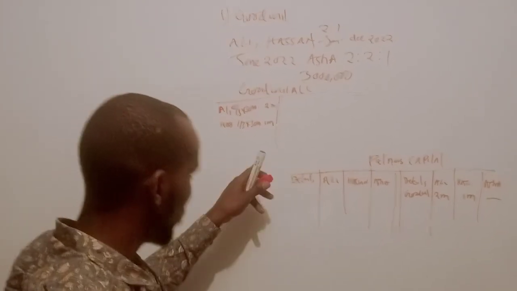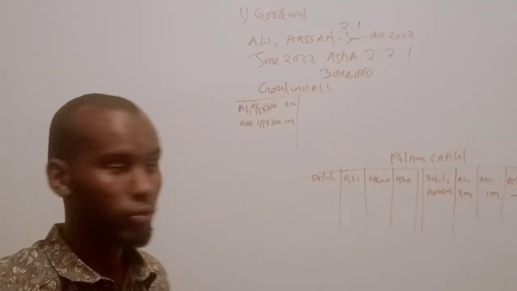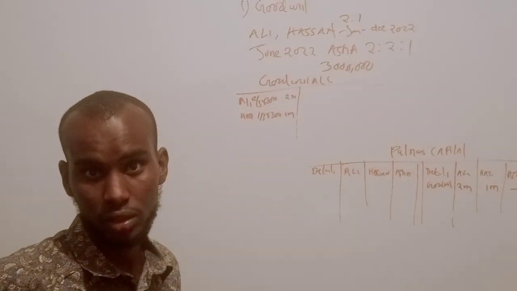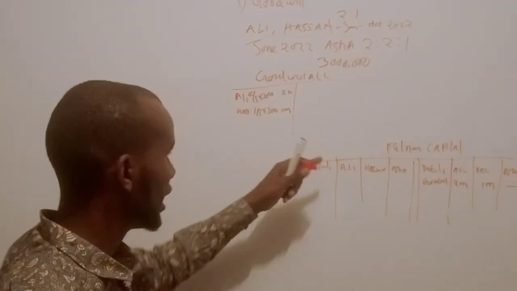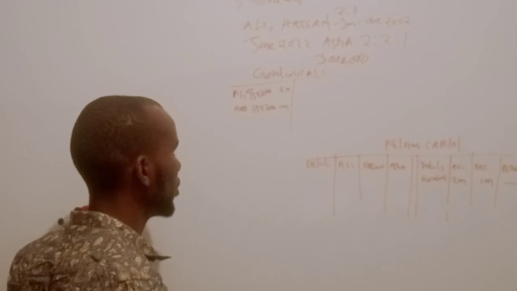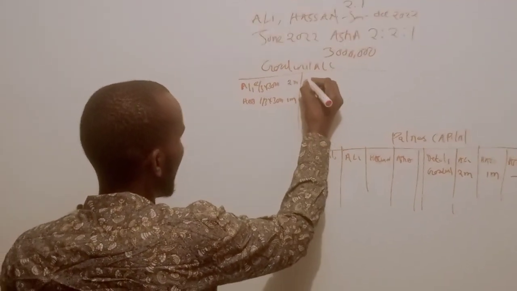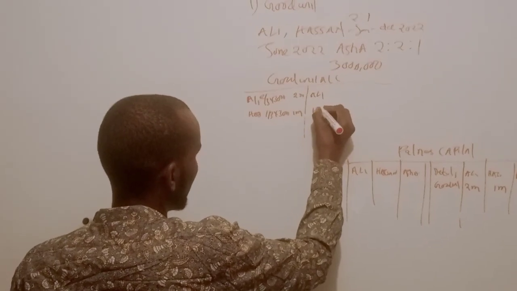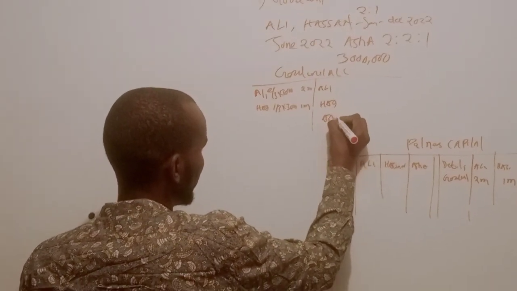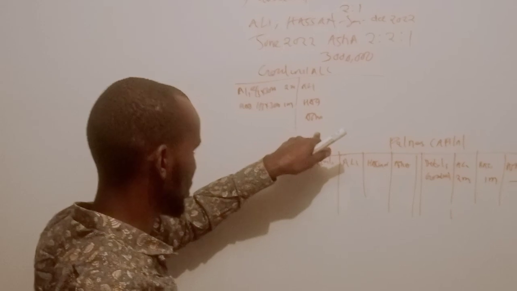Now, in the case when we are setting off the goodwill, it will be shared by the 3. When we are closing this goodwill, it will be shared by the 3 partners. Now we are going to have Ali, Hassan, and then Aisha. These are the three partners now.